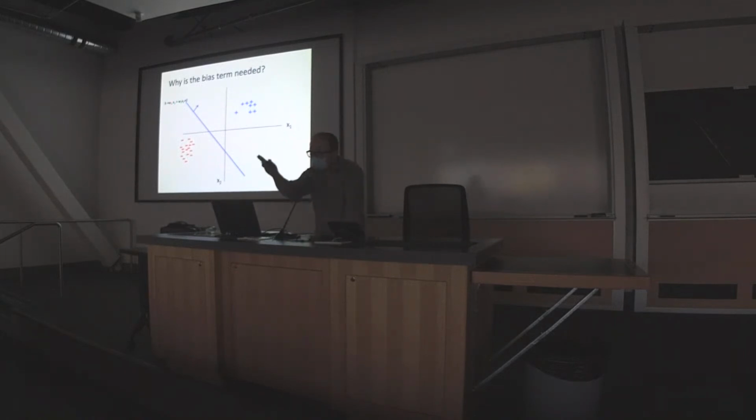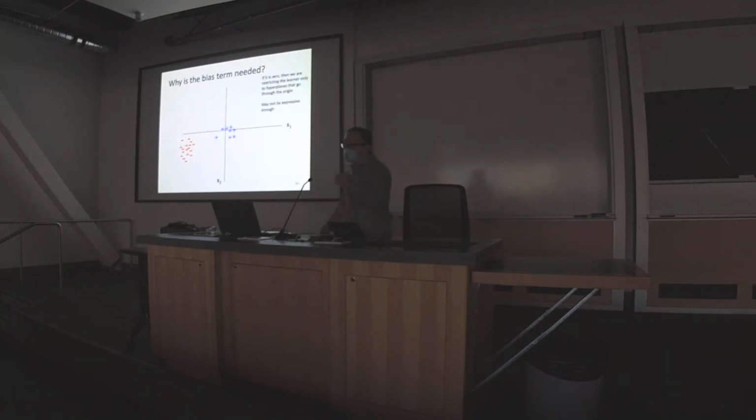Why? Without the bias, it forces it to go through the origin, and that might not be where your data is. Yes, exactly, right? Bias actually allows you to move the boundary up and down. If you don't have a bias, your classification boundary will always go across the origin, right? That actually restricts your flexibility.